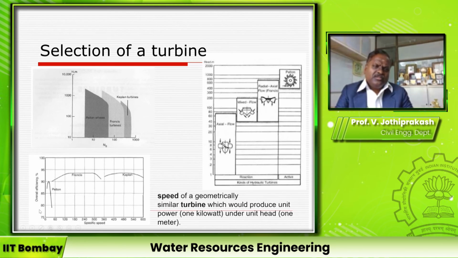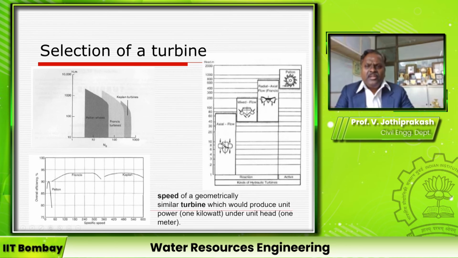Or depending upon the efficiency and the specific speed, right? At lower specific speed, Pelton wheels are very highly efficient. At higher specific speed, Francis and Kaplan have higher efficiency. Or it may be a combination of the type of turbine and head.